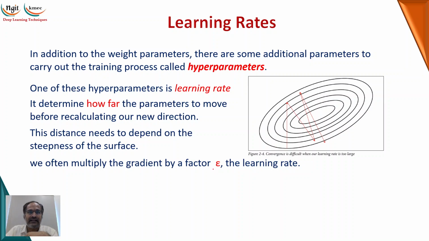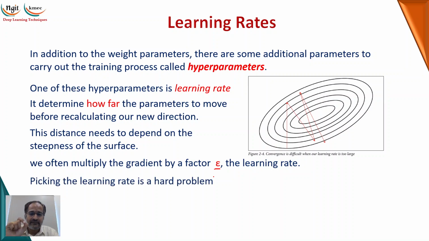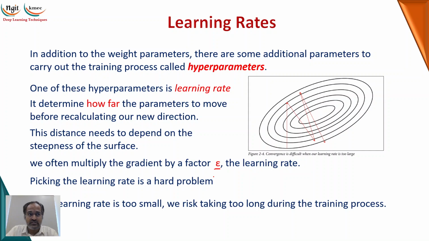That factor is represented with epsilon. Of course, different textbooks use different notations; sometimes it may be referred to as alpha. Here in your textbook it was specified as epsilon. Picking the learning rate is very important, it plays a crucial role.